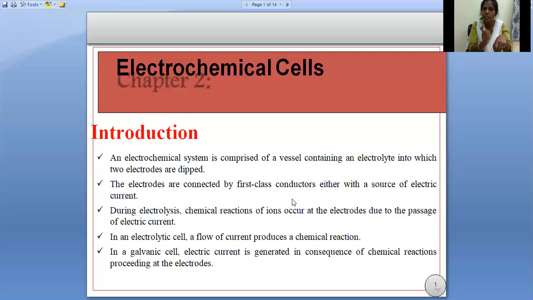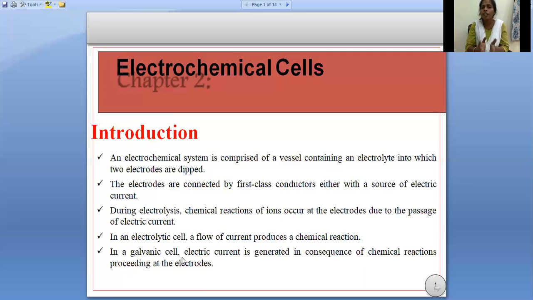Battery is the source of electric current. During the electrolysis process, chemical reactions of ions occur at the electrodes due to the passage of electric current. So when the two electrodes are connected with the help of a battery and the battery starts working, what happens? The chemical reactions take place in the electrolyte. That means electrolysis takes place here.